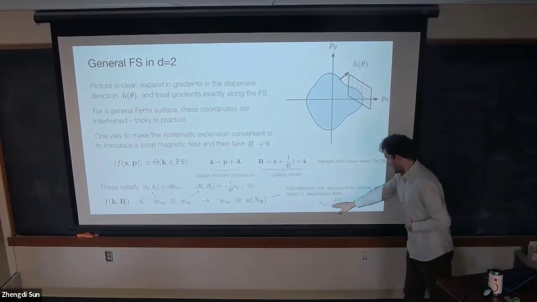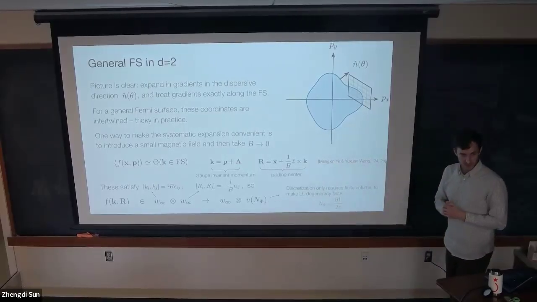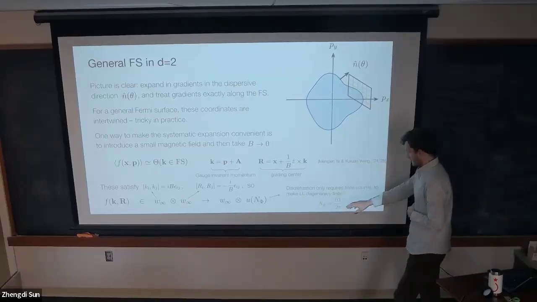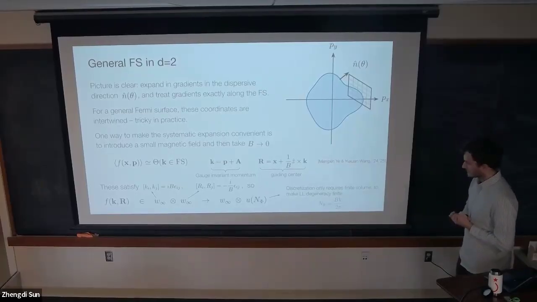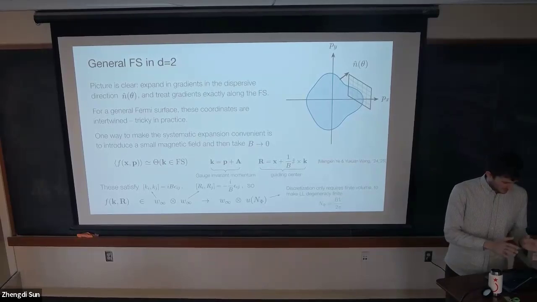The number of guiding center coordinates will be given by the flux, the total magnetic flux through the torus. This is how we'll discretize the problem. And this number of flux is also the degeneracy of the Landau levels.